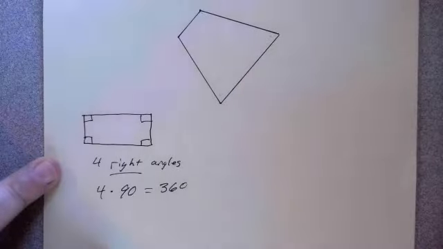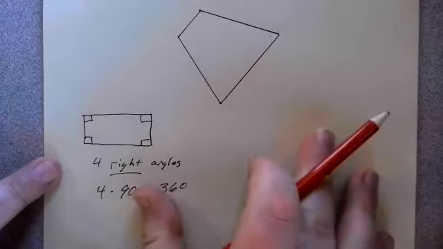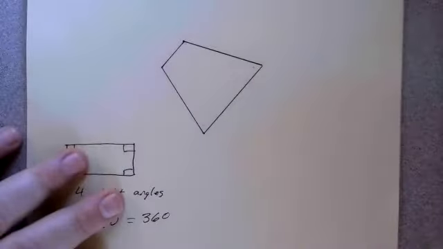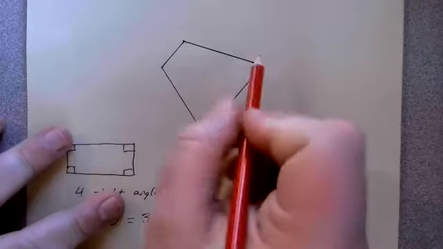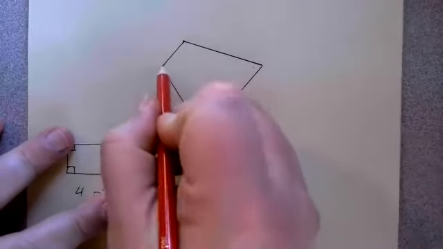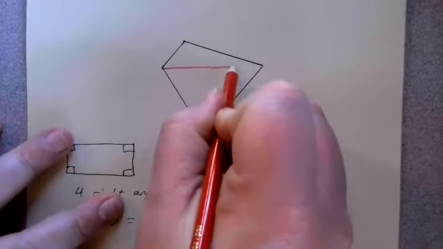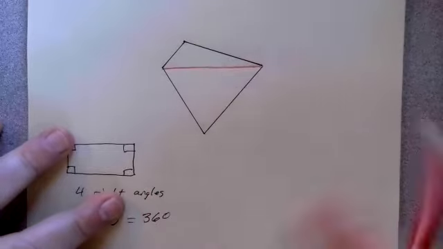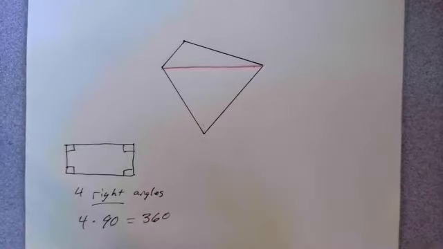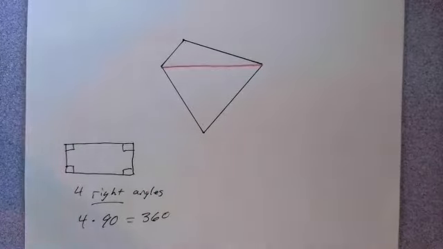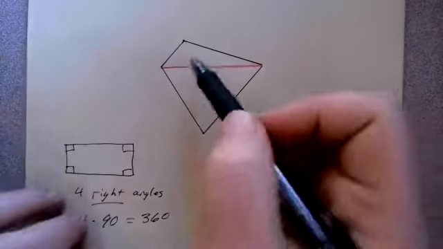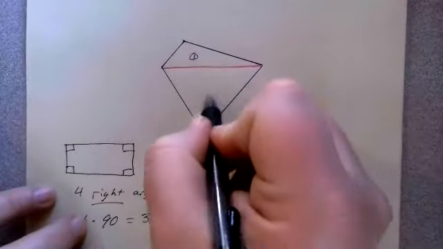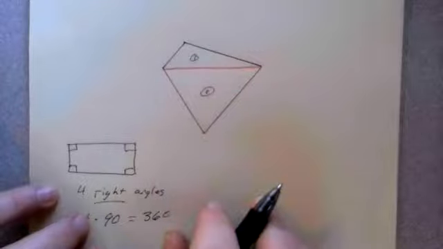So what I'm going to do is take this random quadrilateral here and connect two opposite corners, or vertices, of that quadrilateral. And now we've created how many triangles? Two, right? We have the first triangle and the second triangle.